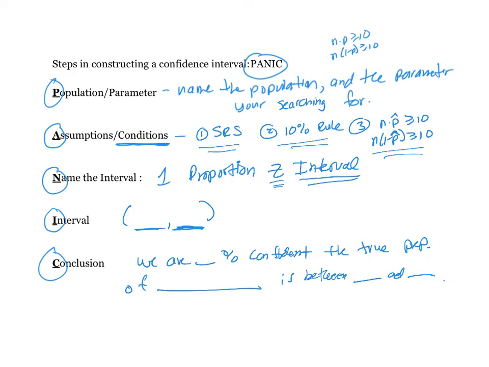So that would be a complete confidence interval. Name the population and the parameter you're searching for. Check the assumptions so that we can be sure we have a normal or approximately normal sampling distribution. Name the interval we're going to create. Give the interval, and then state your conclusion. Okay? That would be full credit on the AP exam if you included those 5 parts.